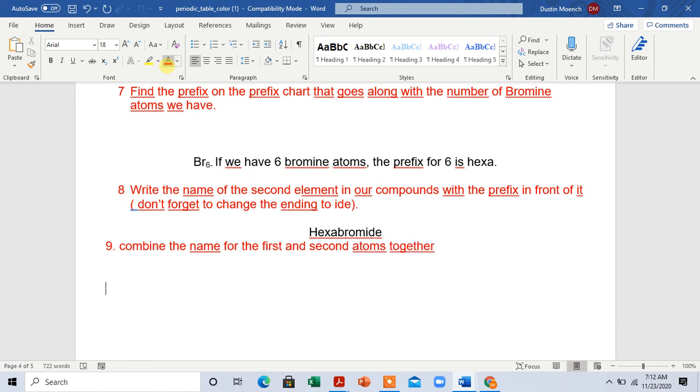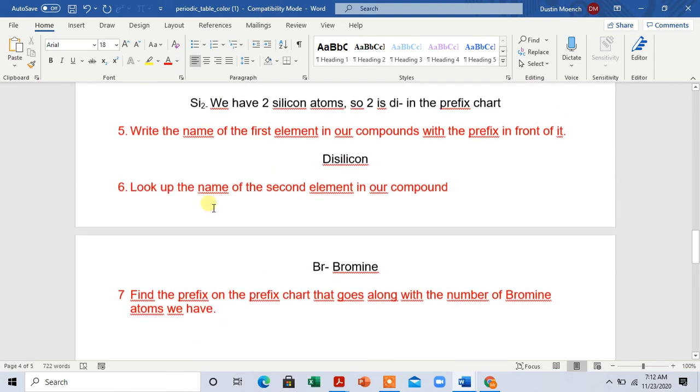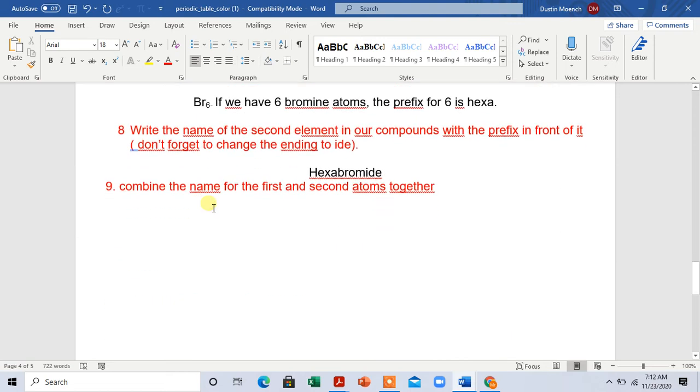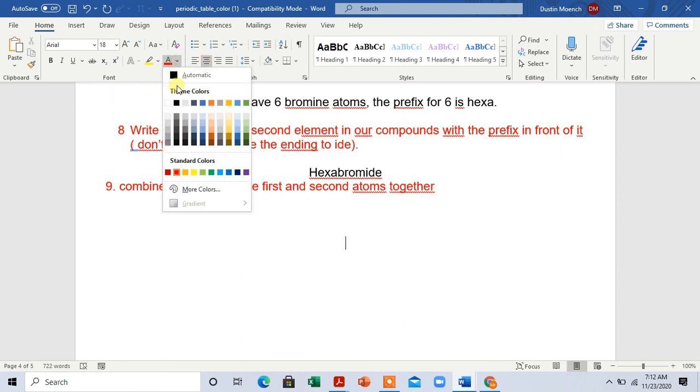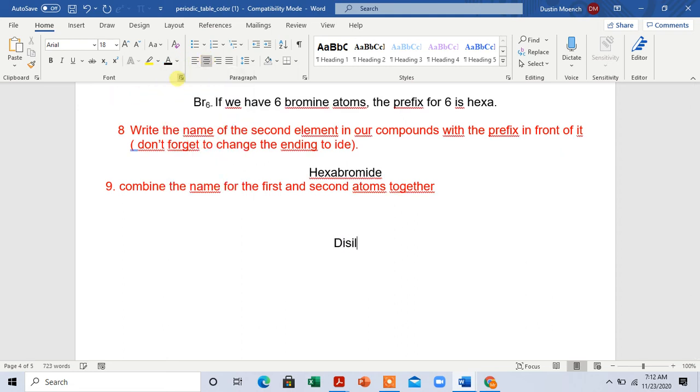So this compound in total, we would take disilicon and then hexabromide and put it together. So we say that this compound is called disilicon hexabromide. And this is our name.